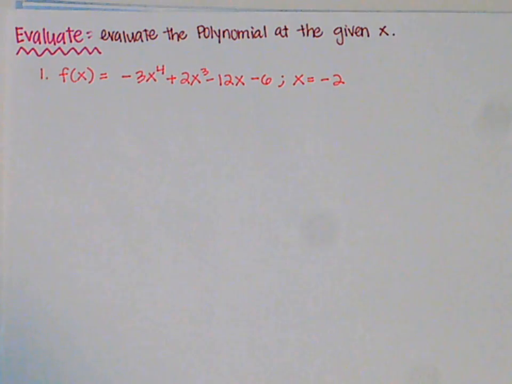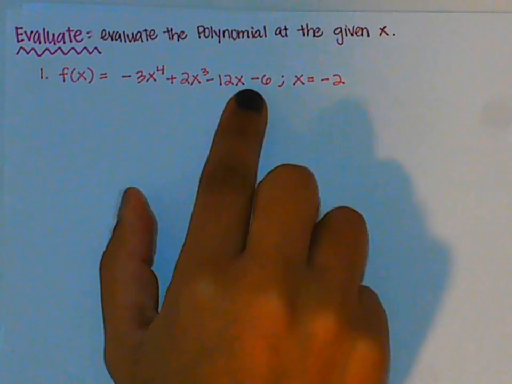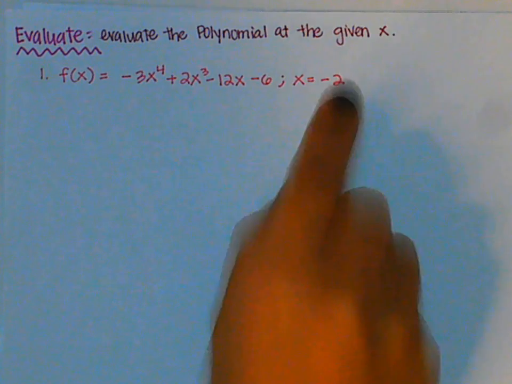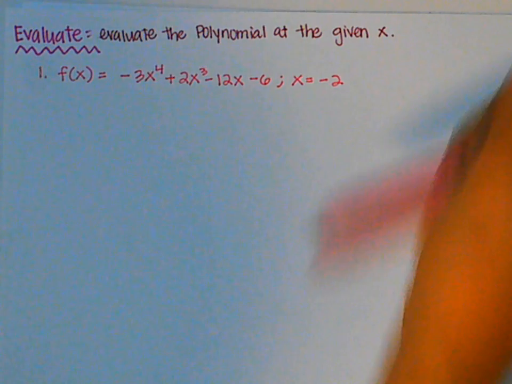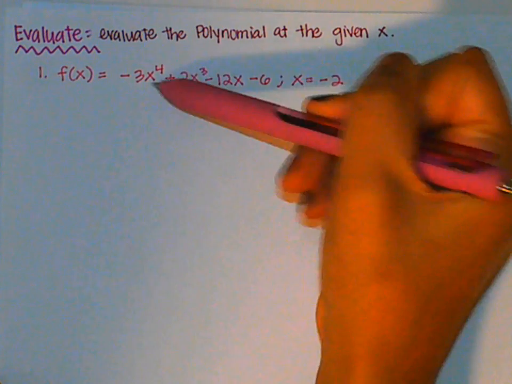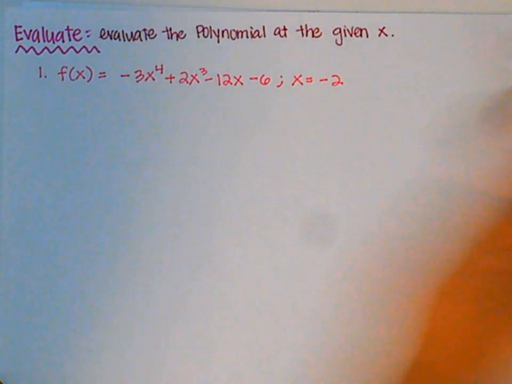Okay, the next part of this is evaluating. So we're going to evaluate the polynomial at the given x. We have an equation and we have a value of x. That means we're going to substitute it in. This is going to be helpful when we start solving to create tables and to graph. So we know that x is equal to -2. So for every x that I see in my equation, I'm going to substitute it with -2.